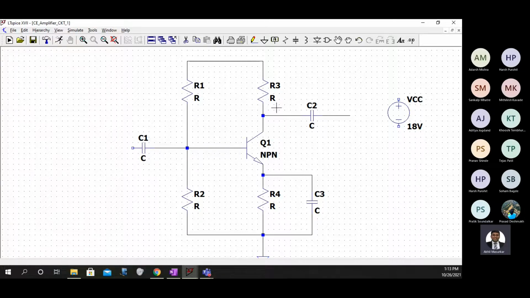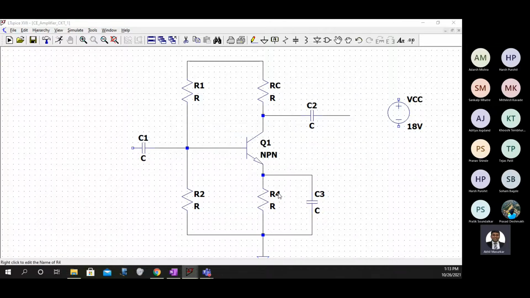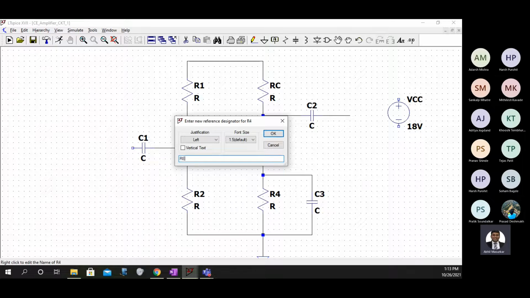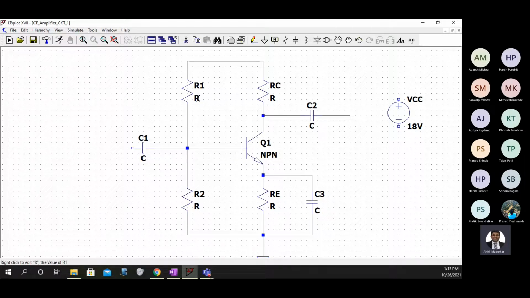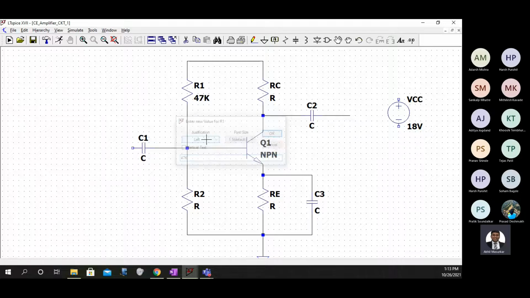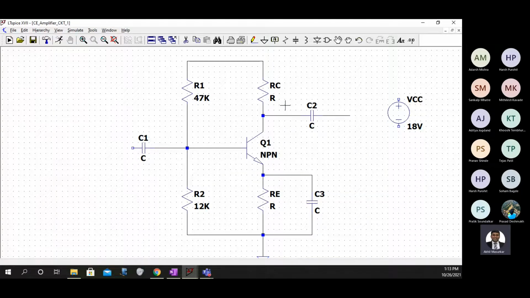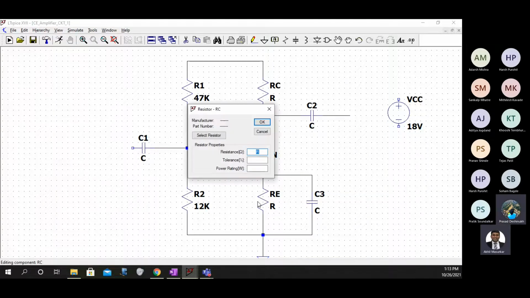So this was R1, this was R2. This was RC, this was RE. And the values here were R1, R2, and RC was 2.5K.